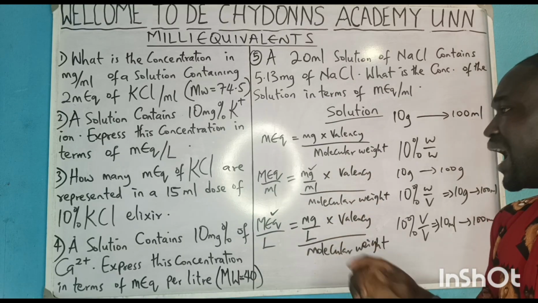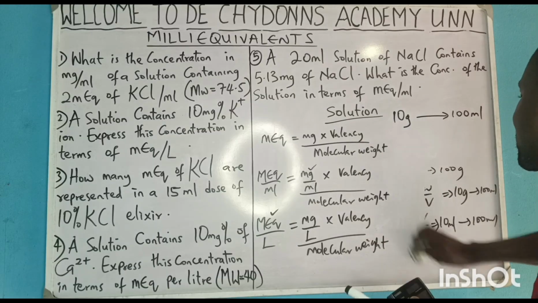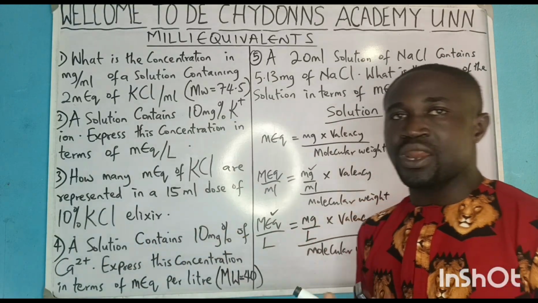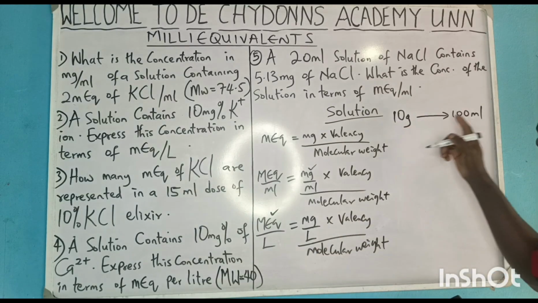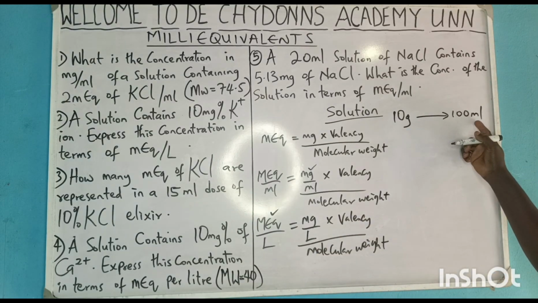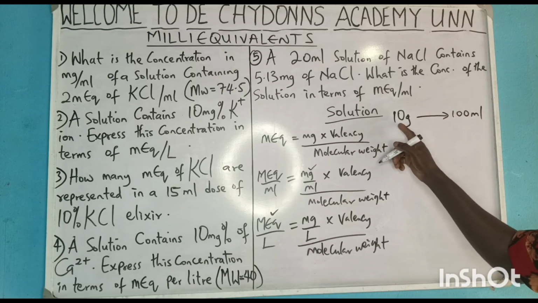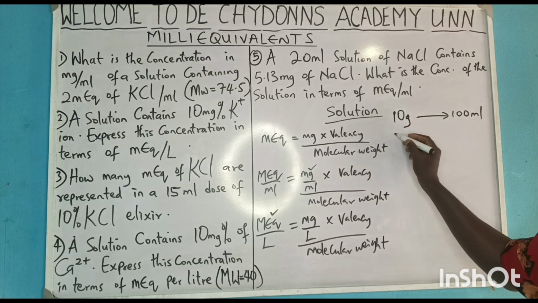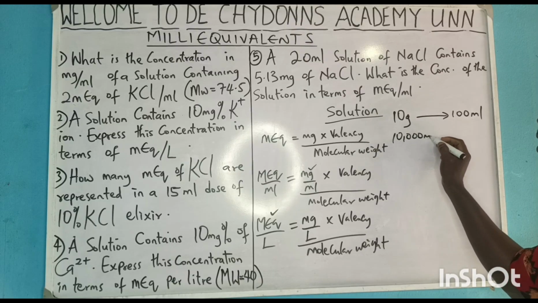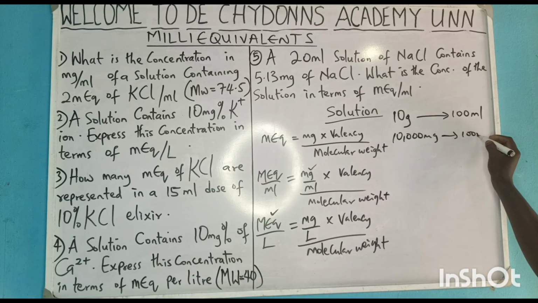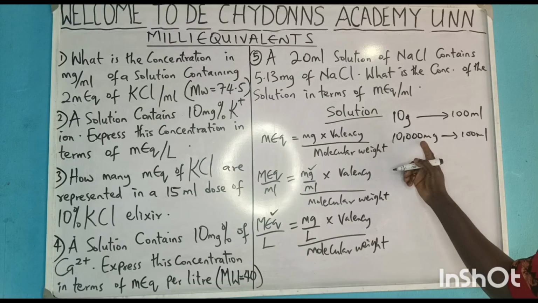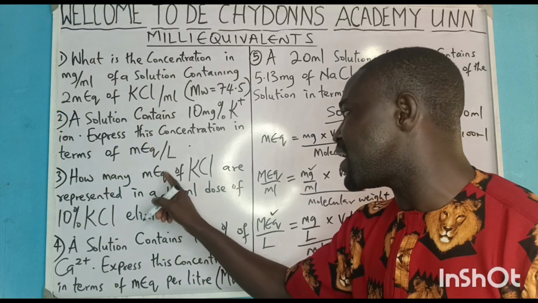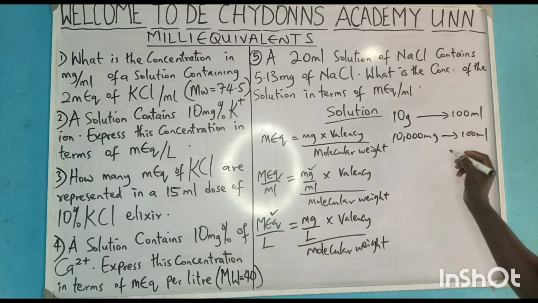And so that is why we say it's likely going to be 10 gram in 100 mil. Convert this to milligram. What will it give you? 10 times 1000. That is 10,000 milligram in 100 mil. But I'm looking for milliequivalents only. Then I will say in 15 mils.